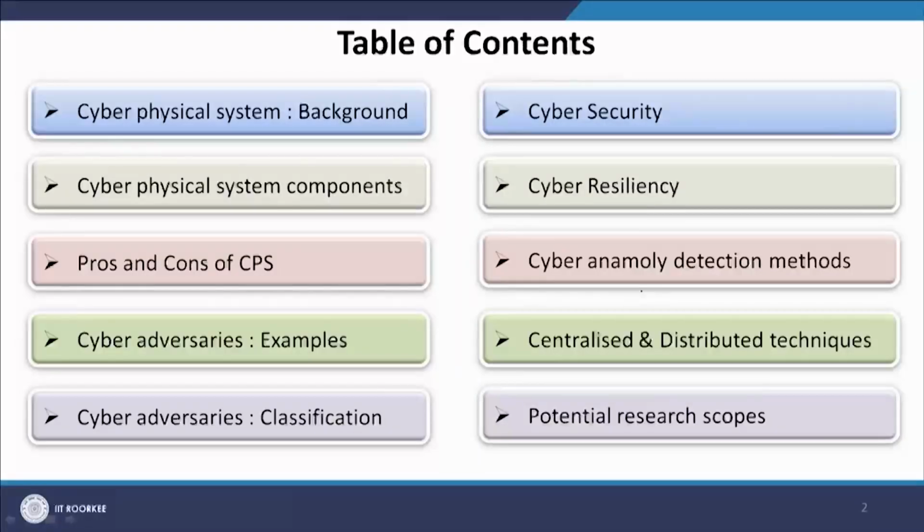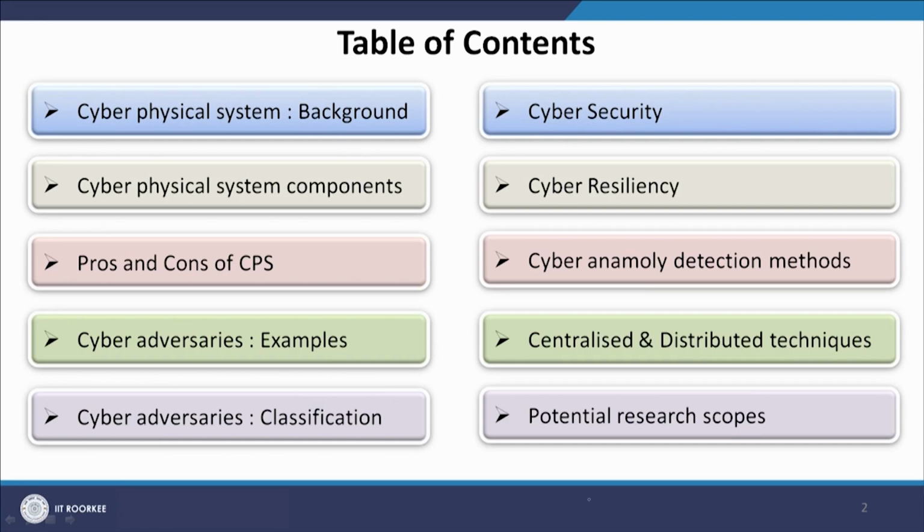We will start by understanding what a cyber physical system is. We will also talk about cyber physical system components. We will also discuss limitations and benefits of cyber physical systems. What are cyber adversaries, with different examples?